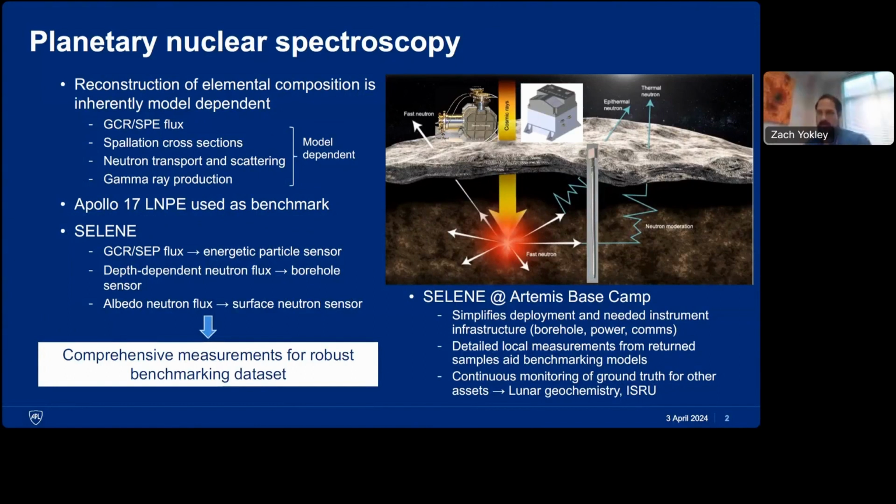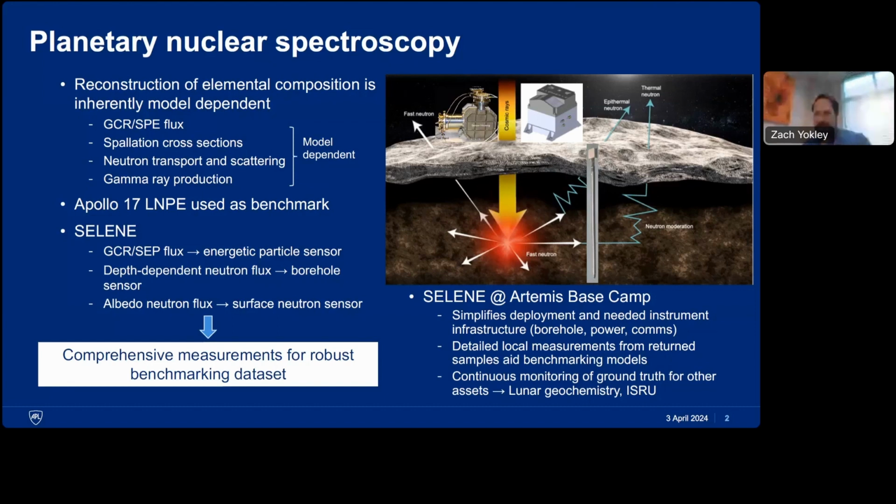All of these things are in some sense model dependent, either because nuclear data is incomplete and there's nuclear models used to fill in the gaps, or we just don't have analytical methods for producing that. So all this is model dependent to get back to the things that we're interested in, which is the weight percents of elements.